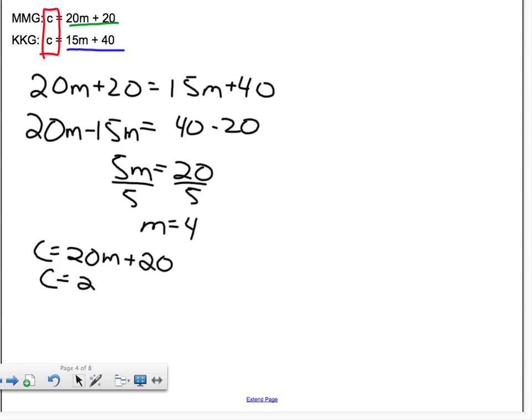So c is equal to 20 times 4 plus 20. So c is equal to 80 plus 20. C is equal to 100. If I try the other equation, 15 times 4 is 60 plus 40, I would still get 100. So I can plug in either one of them to get my c value.